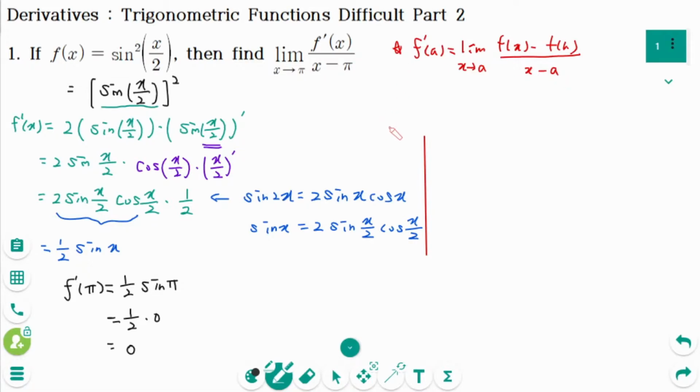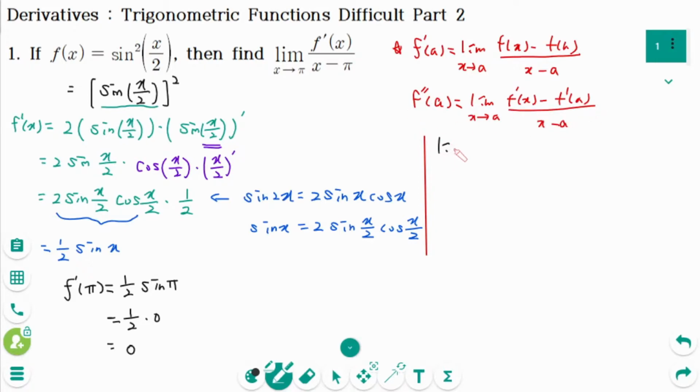Then we can think of it as f prime of a equals the limit as x approaches a of f prime of x minus f prime of a over x minus a.